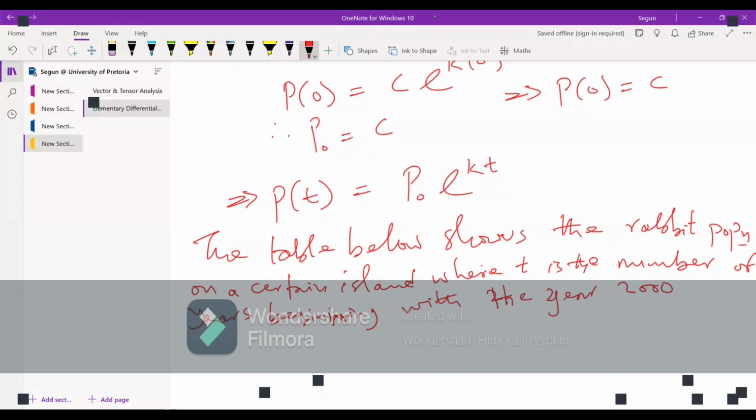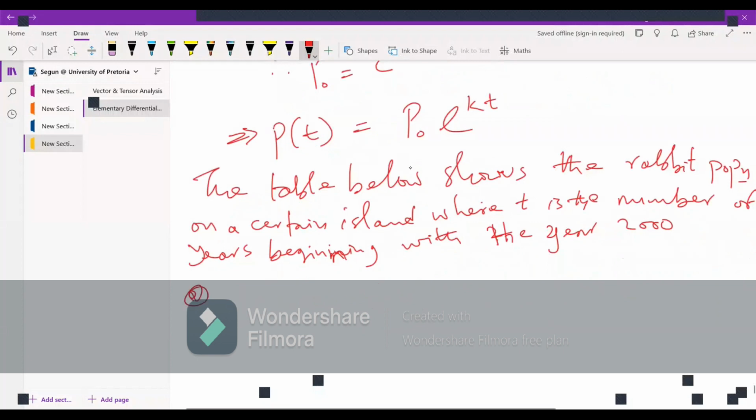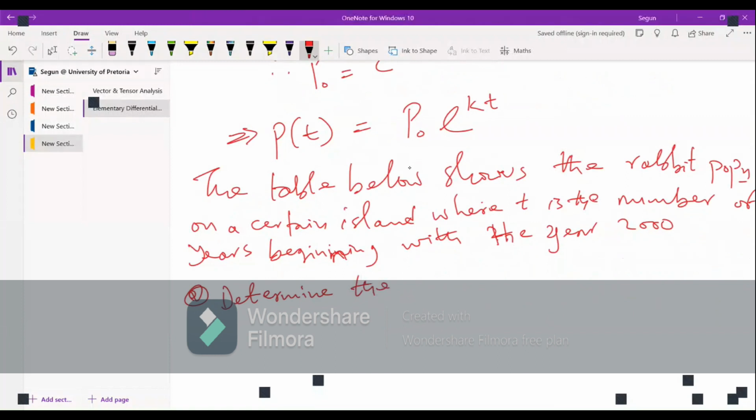Number one, they ask us to calculate A: determine the relative growth rate.